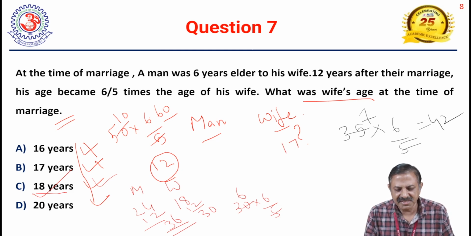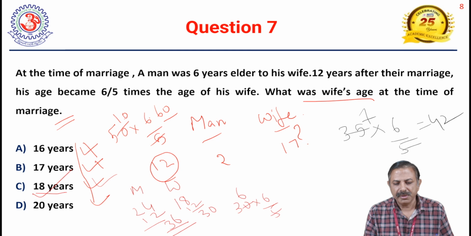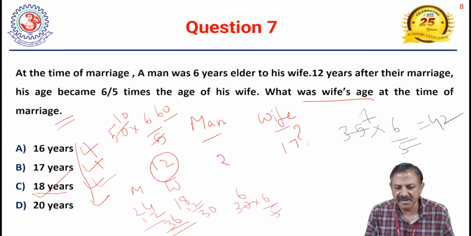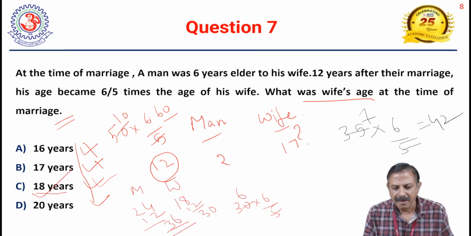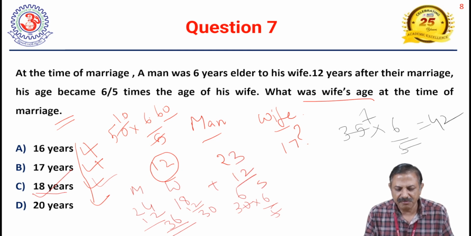Man is 6 years elder. 17 plus 6, 23. Here wife is 17, second option. Man is 6 years elder, 23. 12 years after their marriage means I should add 12. It'll become 35. And here also I should add 12. This will become 29.